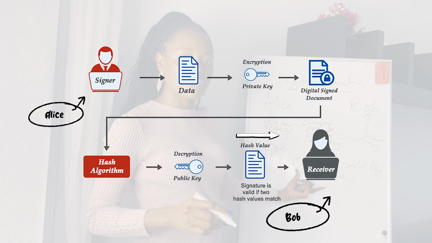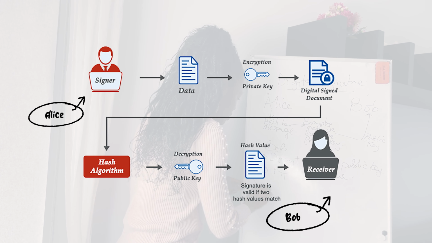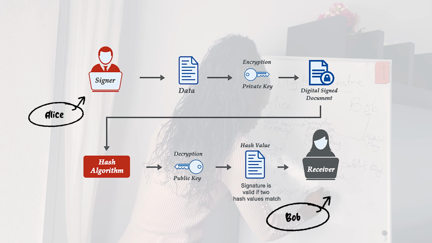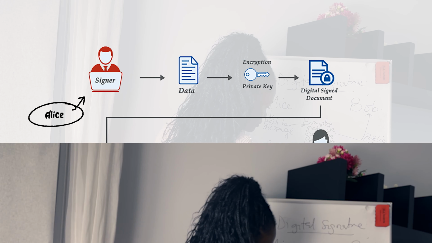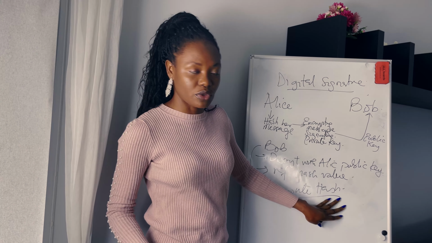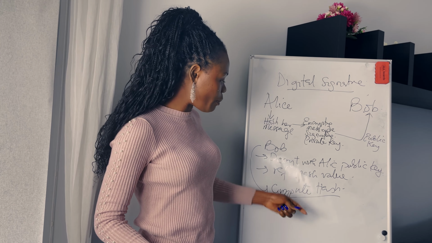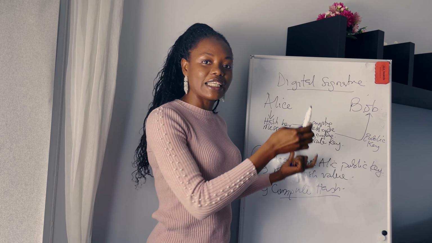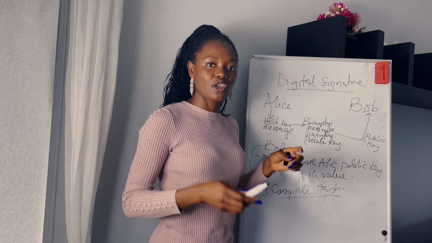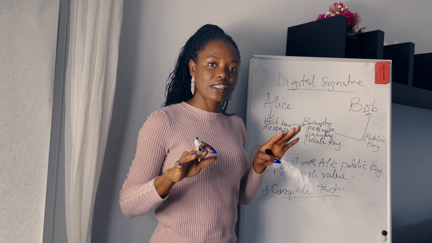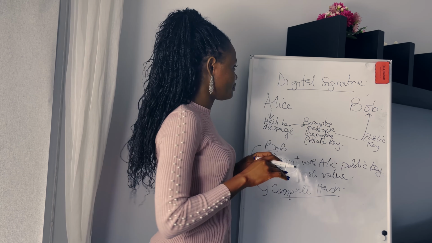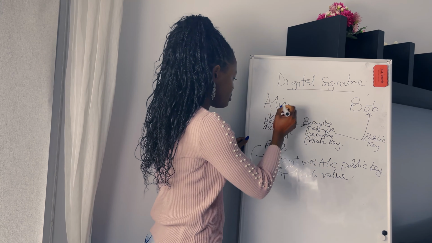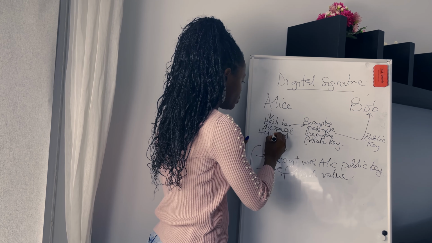Now, once Bob has this reference hash value, Bob himself will compute a hash outside of this process. Once a hash is computed, Bob would compare this computed hash with the hash value that he got from Alice's message, just to be sure that the message is correct and is actually from Alice. Just to explain this part further, let's say the message Alice is sending is hello.